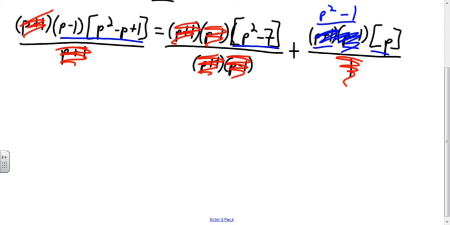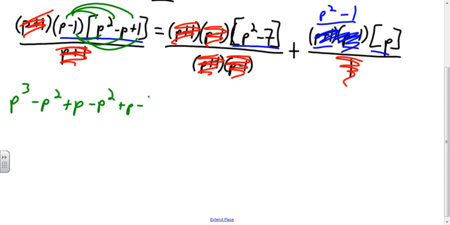Now we need to clean things up even a little bit more by double distribution here. So p to each of these and -1 to each of these. So this one might take a second here. P to all of those would be p cubed minus p squared plus p. -1 to all of those would be negative p squared plus p minus 1.